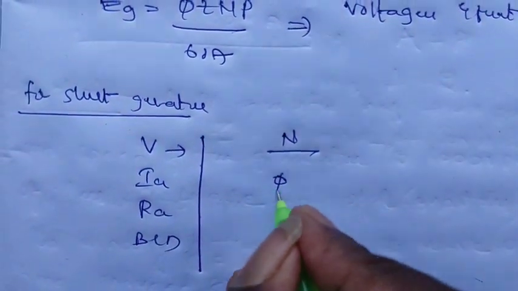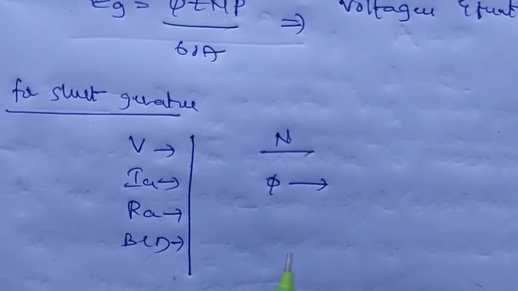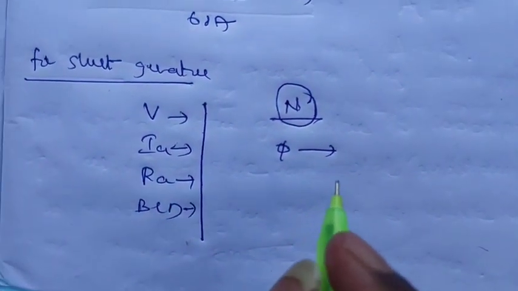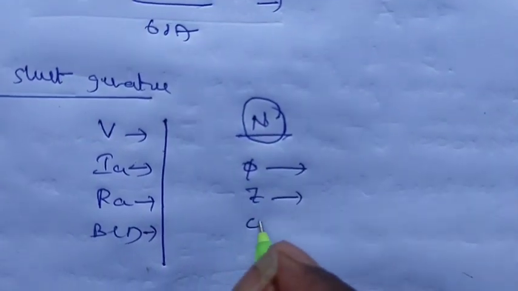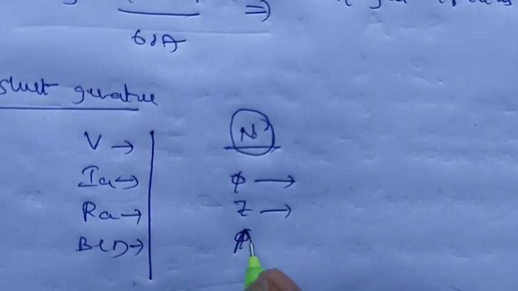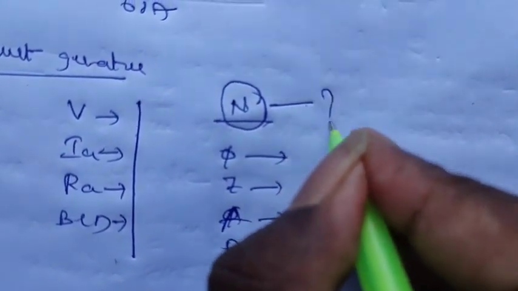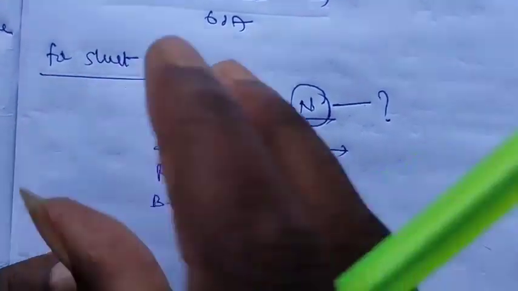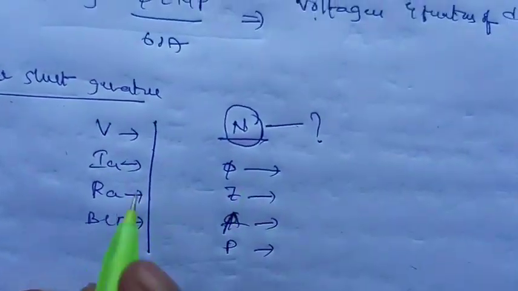They give the flux value, Z value, parallel paths and poles, but the speed is not given. They ask how much the speed is.